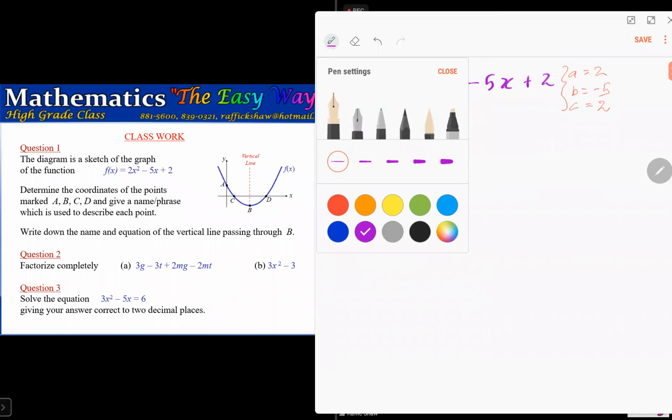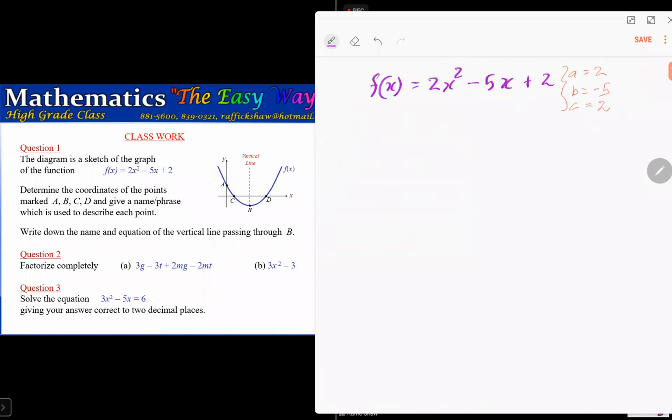So the first point is A. We're going in that alphabetical order. And A we know is called the y-axis intercept.